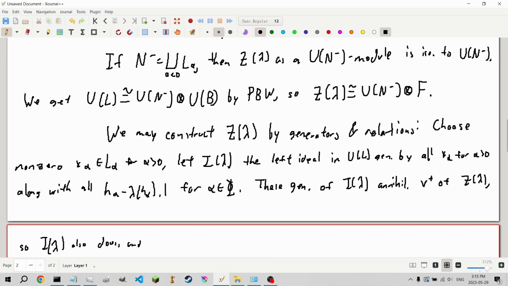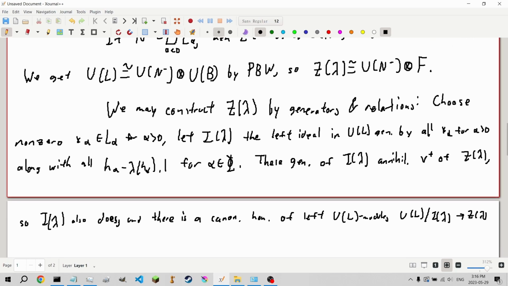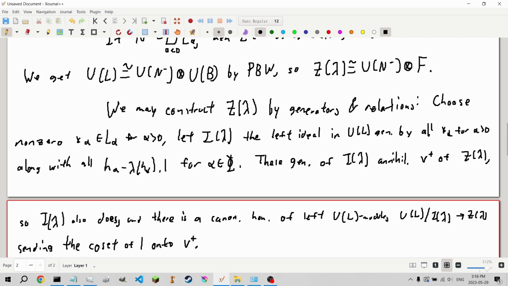And there is a canonical homomorphism of left UL modules, UL over I lambda into Z lambda, sending the coset of 1 onto the maximal vector V plus.